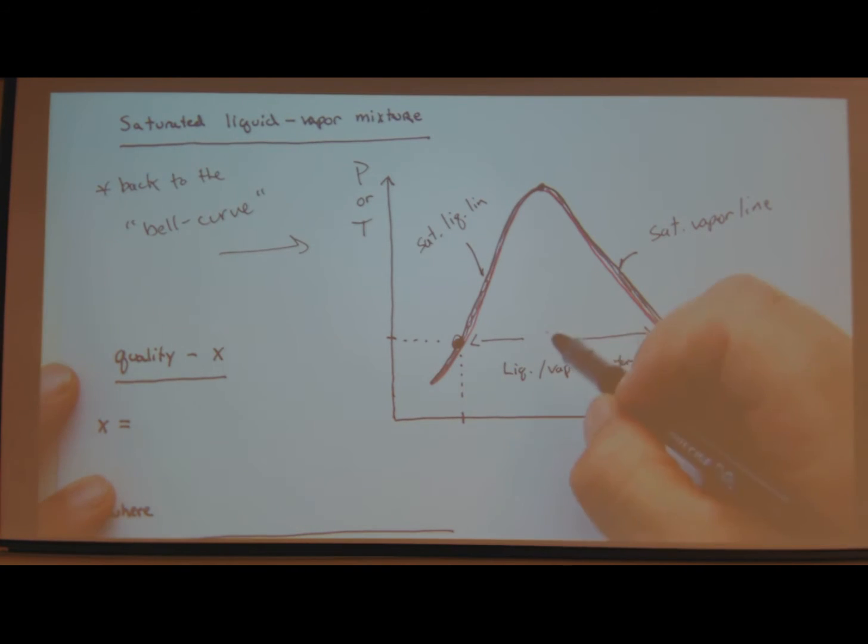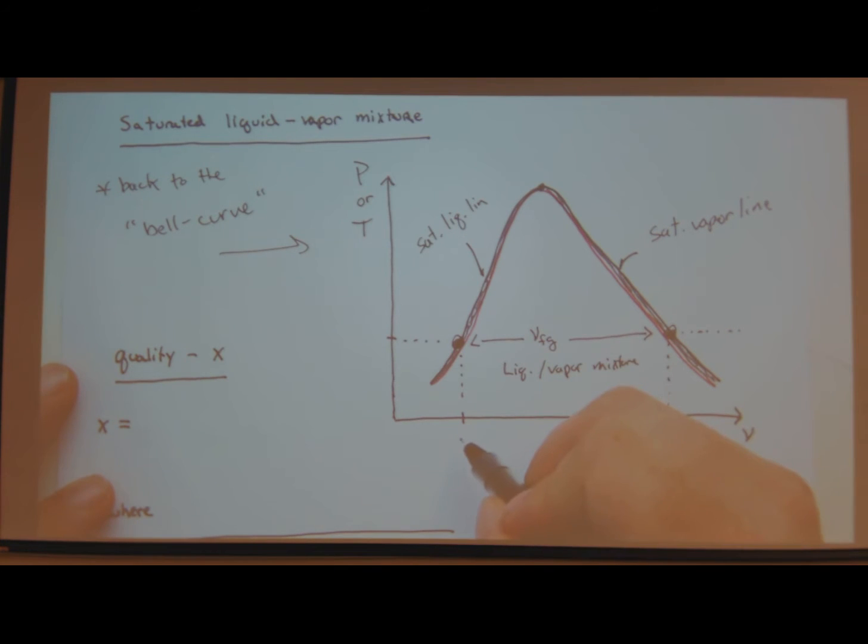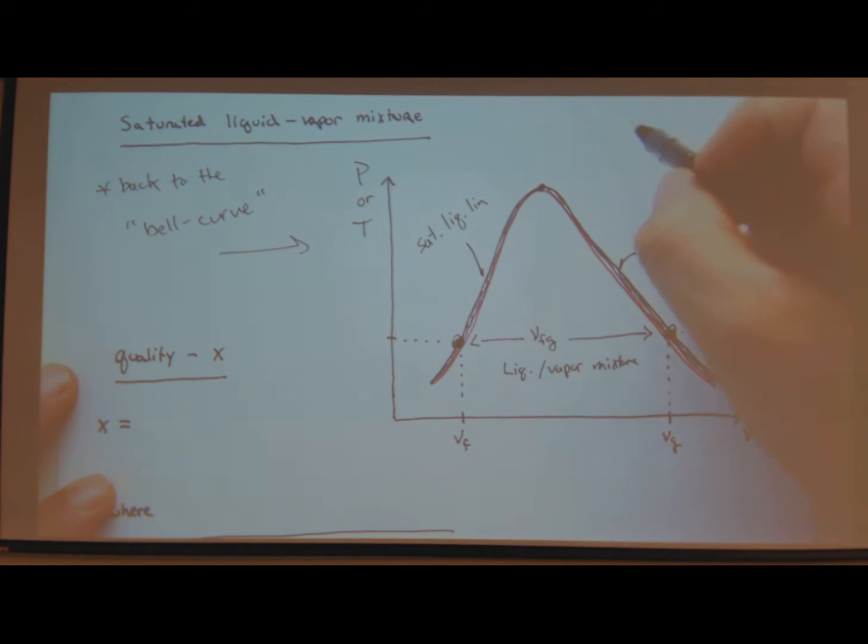We introduce new subscripts, vfg. This is specific volume, and right here is v sub f and v sub g. F represents fluid, g represents gas, and fg represents the liquid vapor mixture.